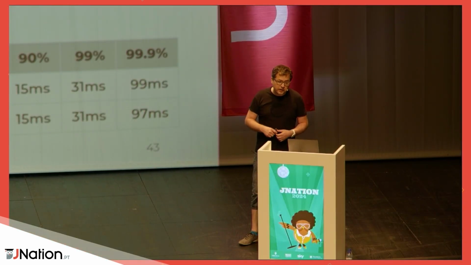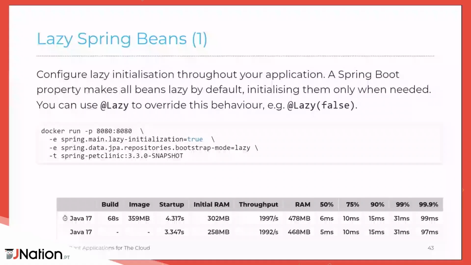Be aware that what I did here too is I made Spring Data lazy loading as well. That means Spring Data, and Hibernate behind it, is only initialized when you have the first request on the application. So making Spring Beans lazy speeds up your application, but the first request is expensive.